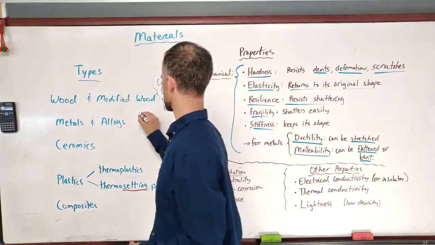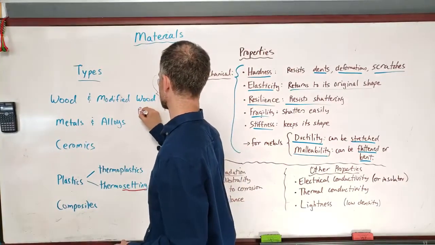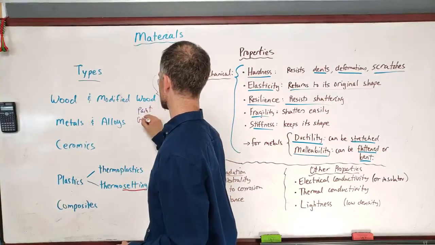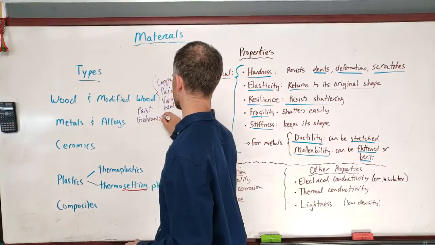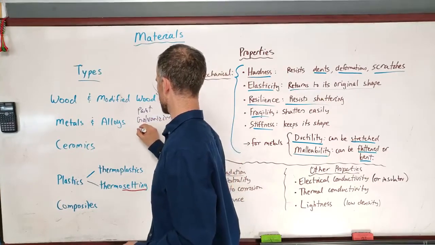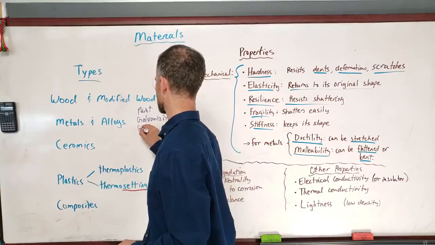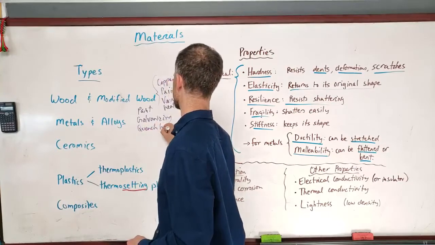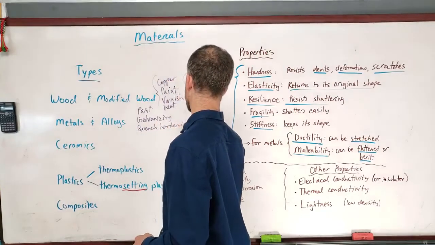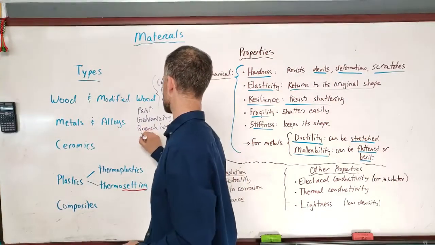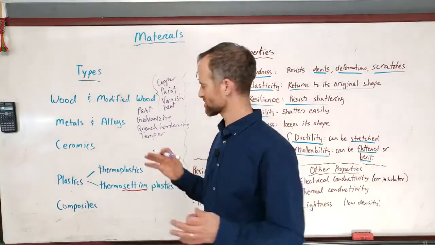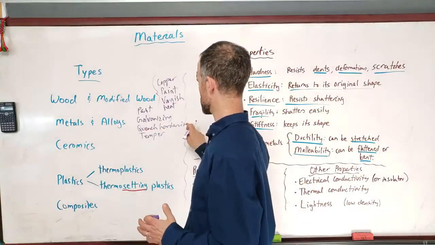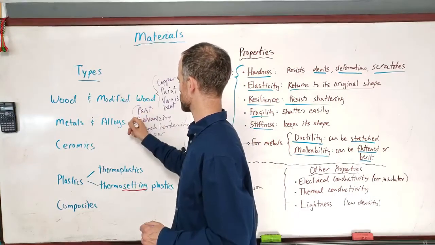For metals, same thing, paint, galvanizing, which is kind of like covering it with another metal. We can do quench hardening to make it harder. And then after that, we would typically temper it, which means we make it way too hard, and then we make it the softness we want.